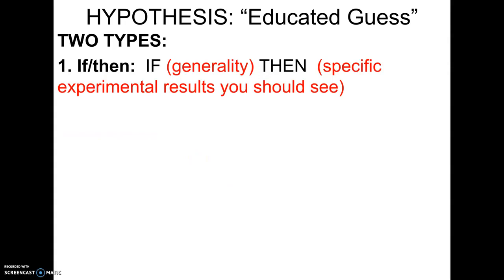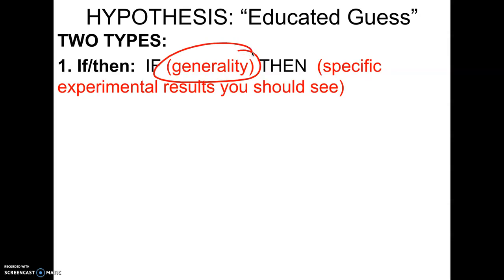Now, most students have written this before or have heard of this before, but unfortunately, a lot of people think that if it has the word if and the word then, it is a proper if-then hypothesis, and it's not necessarily true. So here is the format. The if part of your if-then is a generality. In other words, what I think, my hypothesis, is really the if.